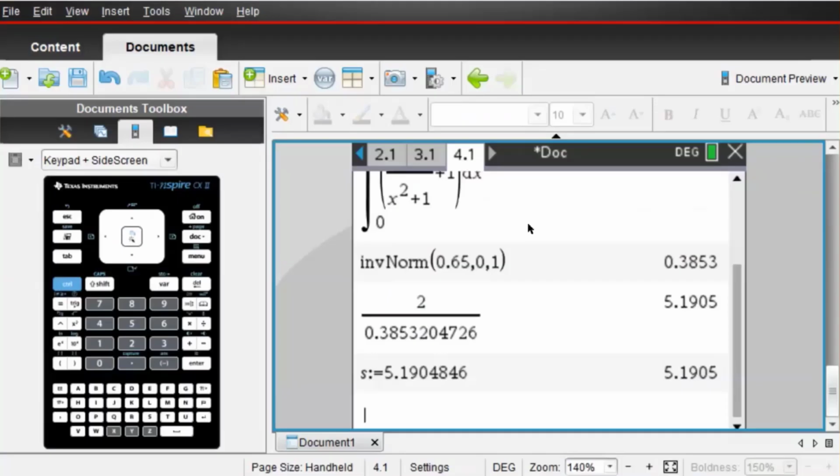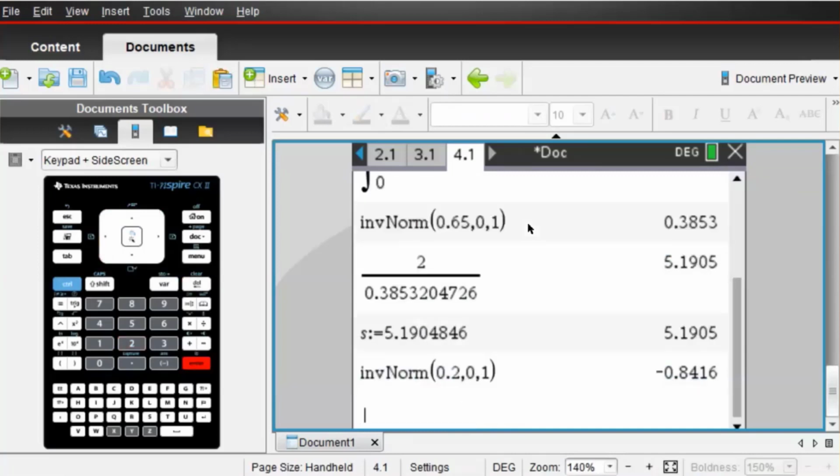Well, that's very similar to what we did up here with the 0.65. I could go through all the menus again, or just easier probably to press up arrow twice and change that 0.65 into 0.2, and that's negative 0.8416. That's my z-score. So z equals what? x minus mu over sigma. I want to find the x score. So z equals x minus mu over sigma equals minus 0.8416.